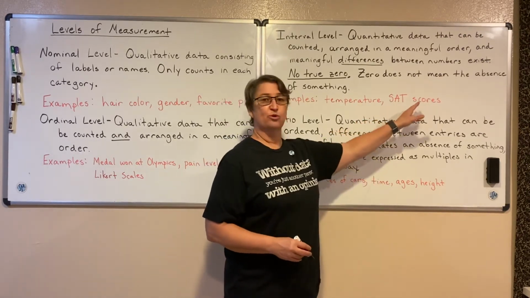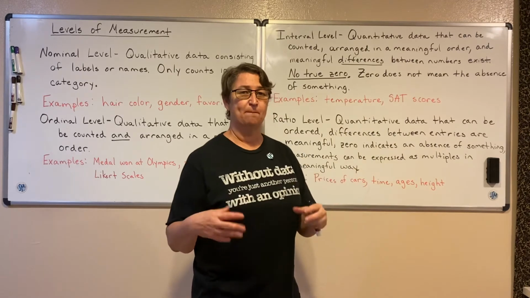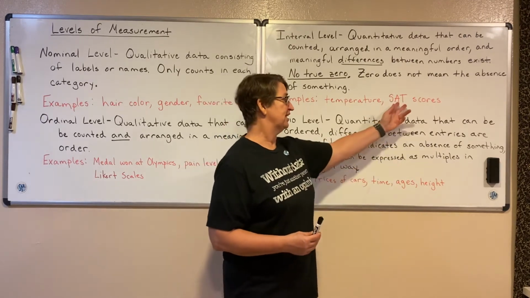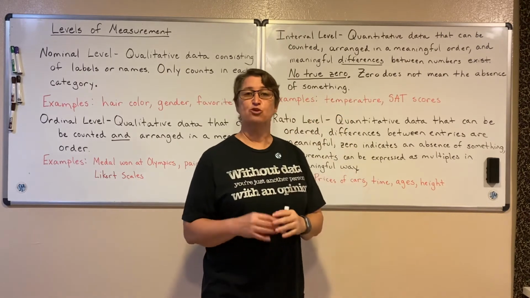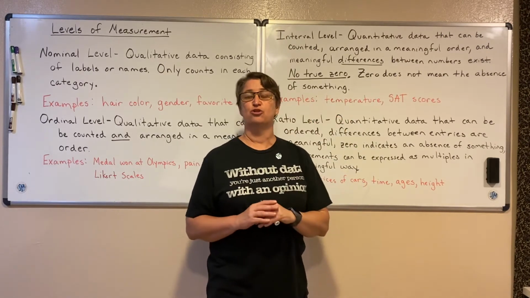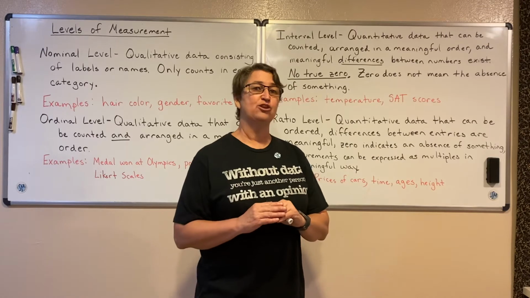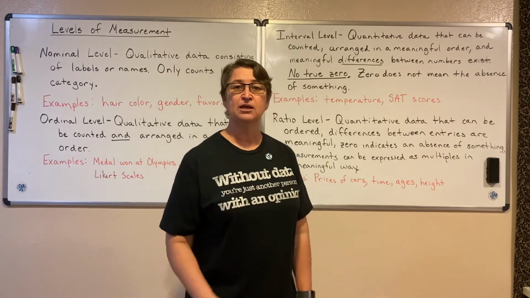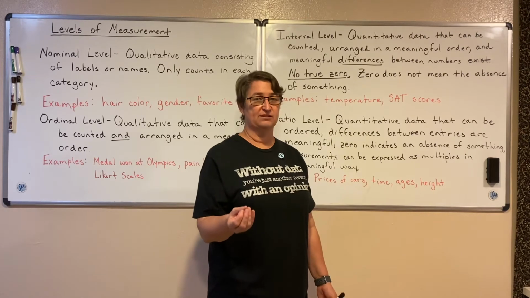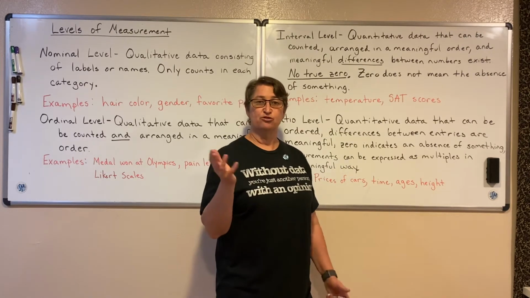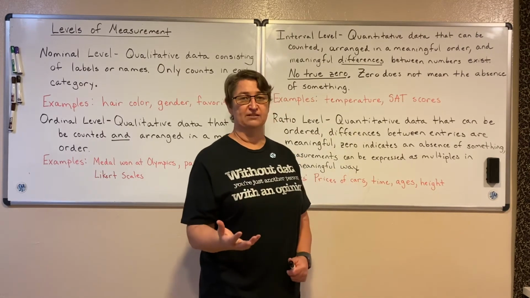That's also true with other scales that are just kind of made up, like the SAT scores. This is another example of that. If you take the SAT and you don't get a single problem right, it turns out that you don't get a zero. That's not the minimum score on the SAT. So there's no true zero on an SAT score.